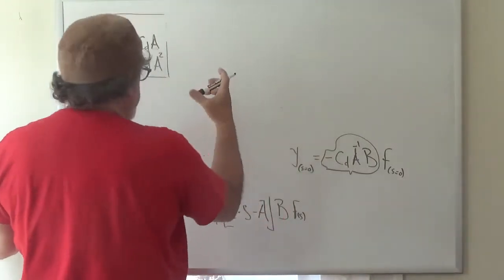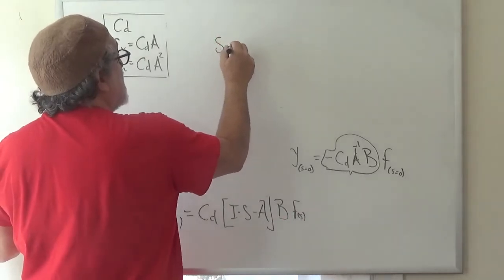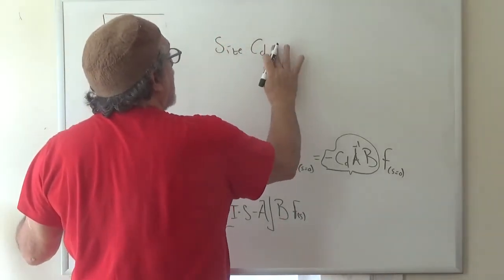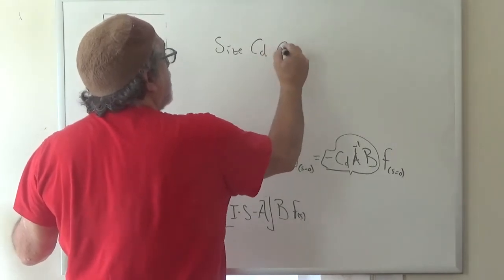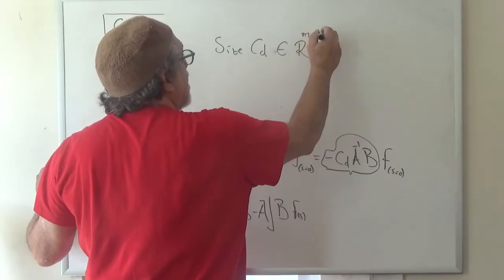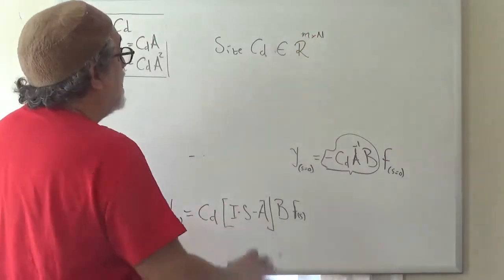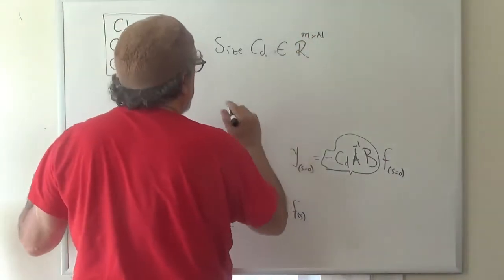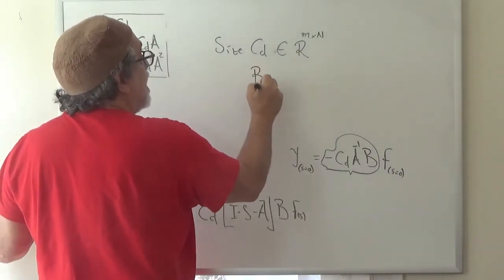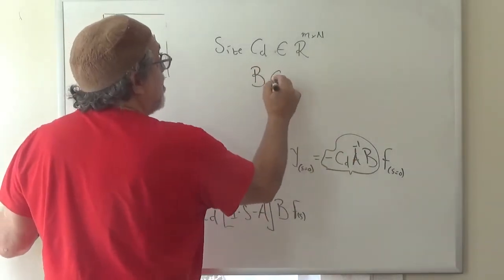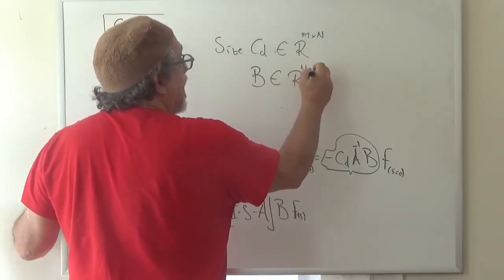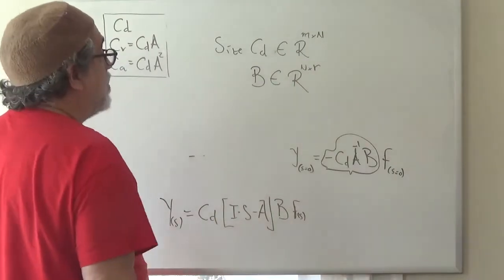The size of CD, right? CD is a matrix that is M by N, right? CD gives us how many measurements we have. And B here is a matrix also that is N by R, where R is the number of inputs, right?